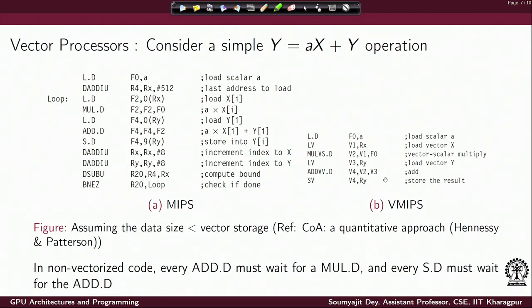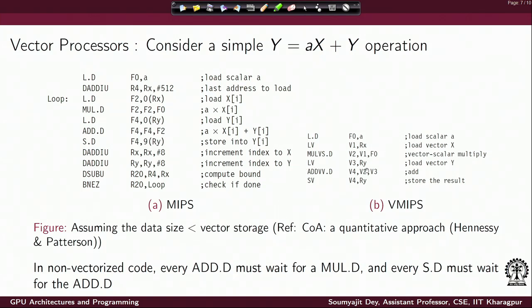If you look into the vectorized code, as we can see, this vector add instruction has to wait for the vector multiply instruction to complete, but wait how many times? Once. The vector store instruction needs to wait before the vector add instruction gets completed. Again, wait how many times? Once, because there is no loop here, assuming of course the dimension of the data size is less than the vector storage.